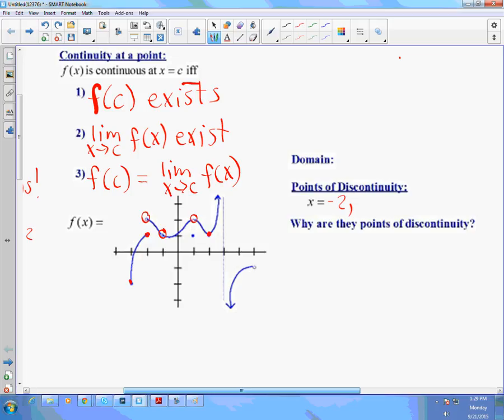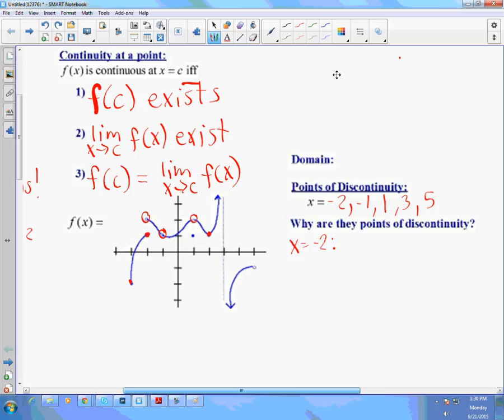Okay, so we have -1, +1, what's the next one? 3. 2, I think, is fine because we have a filled-in hole. Yeah, okay, so we're going to go through each of these and say why in definition terms. I can pick up my pencil and have to start again. Oh, yeah. Yep, we can use 5 too, we have a hole. Okay, so why are they discontinuous at x equals -2?